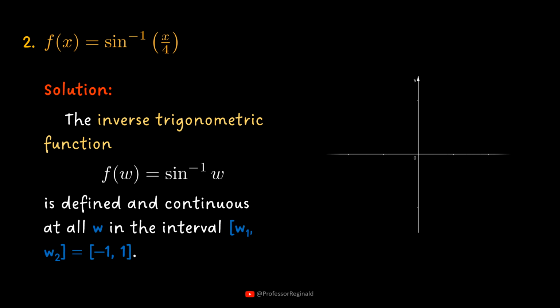The figure on the right illustrates the graph of f in terms of a temporary variable w. F of w equals the inverse sine of w is defined and continuous on the closed interval -1, 1.